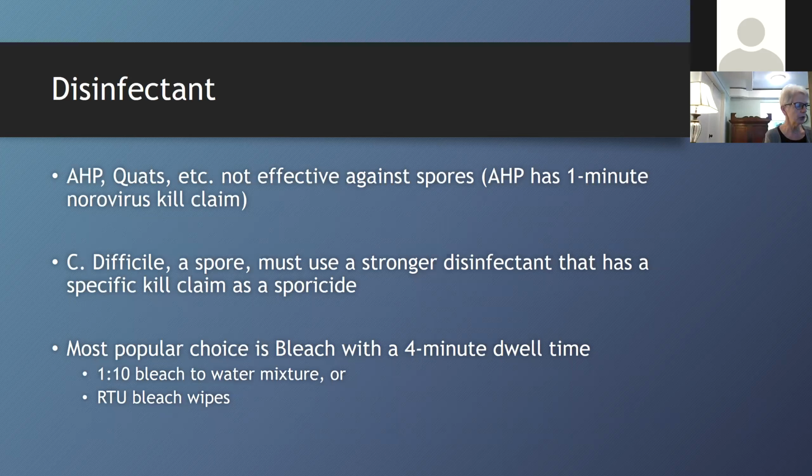The most commonly used product, I think, in hospitals is some sort of chlorine solution, either one that is mixed or in a ready-to-use wipe format. There are a lot of products on the market now available in a wipe format.